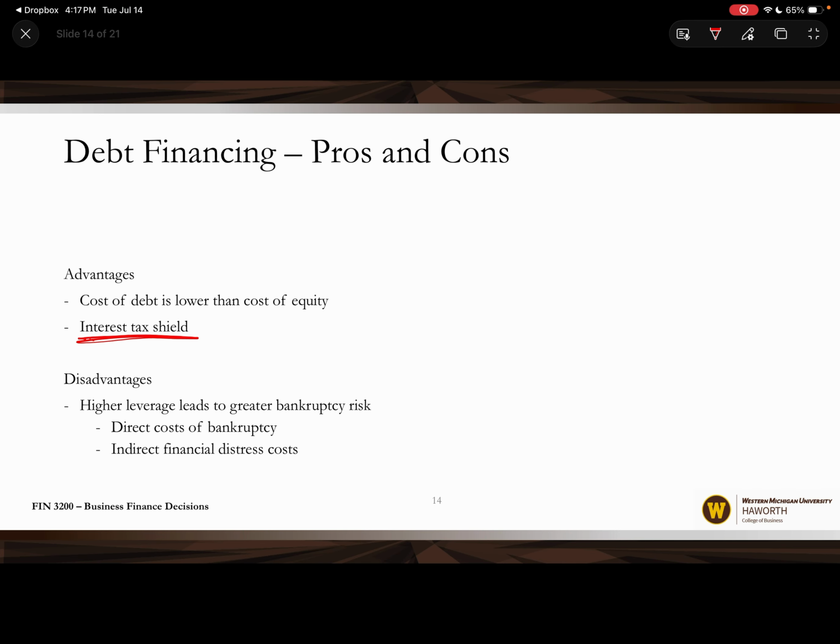So if you think about the corporation's income statement, we start with revenue and then we deduct operating expenses. Then we have operating income, or I'll just call it earnings before interest and tax. And then we deduct interest expense.